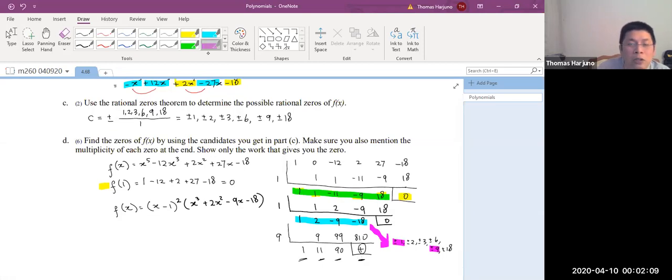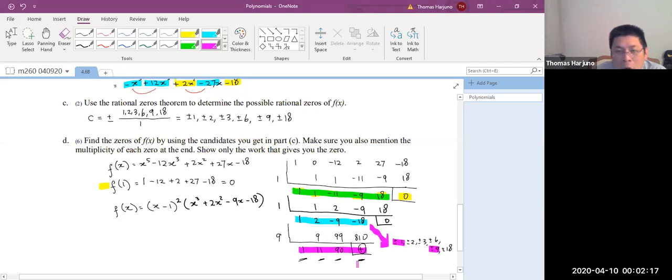In other words, while I try to use 9, see if it is 0, it's not a 0. So I kill 9. But because the entries down here are all positive, I kill positive 18 at the same time. 9 gives me all positive coefficients here.